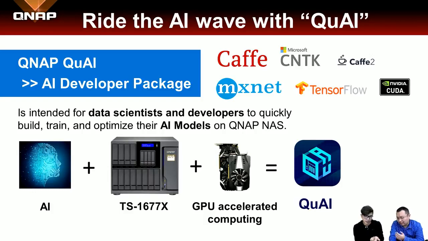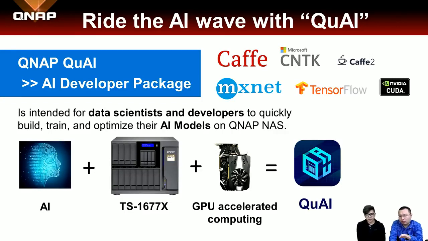So developers, MIS and IT people, even students in the related field, can easily use the NAS plus our QAI software, plus the GPU card, to develop their own AI training models and frameworks. Protect your things with our NAS, and you can just download TensorFlow and Caffe from our App Center, right?